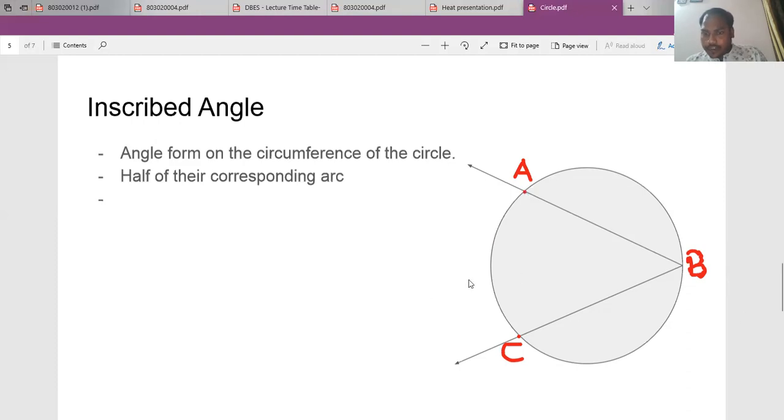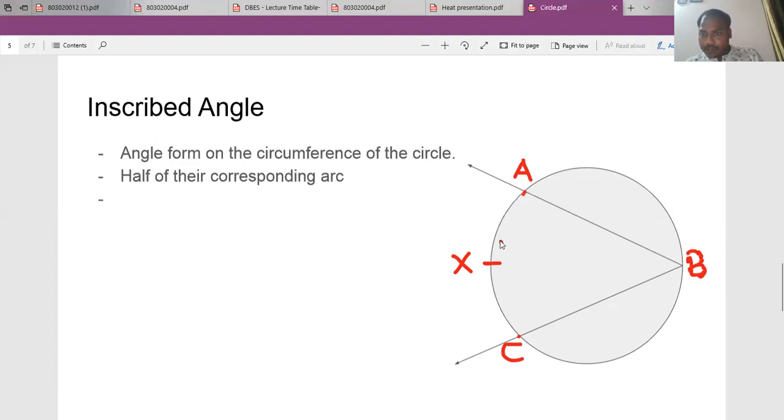In front of that, I'm giving a point X. So this is the arc actually, you can see this.